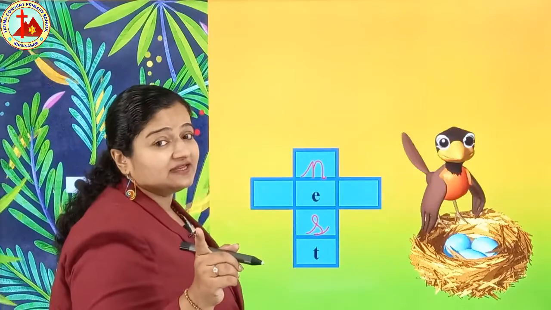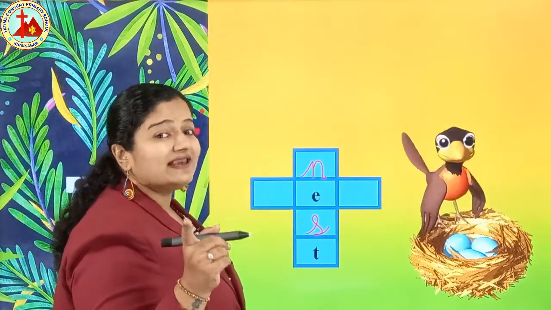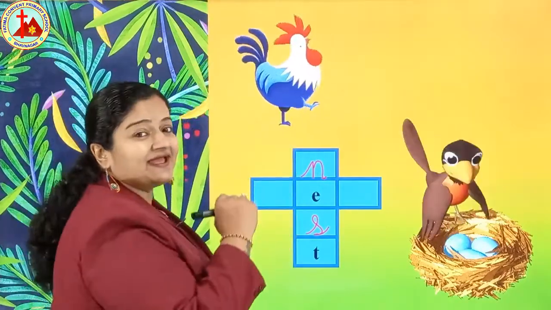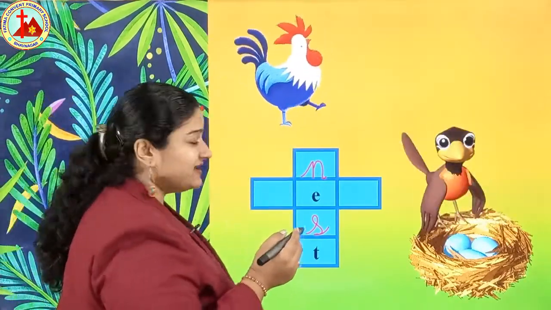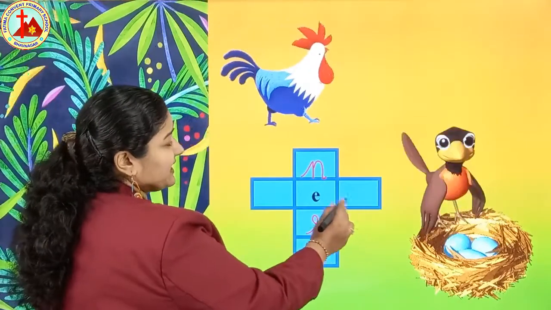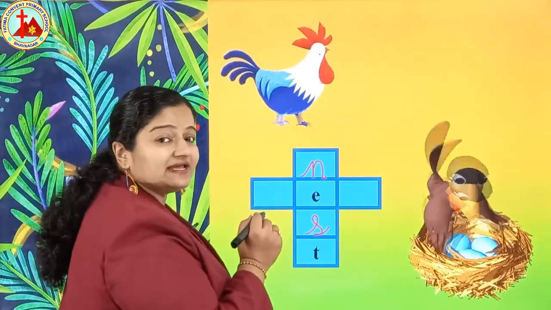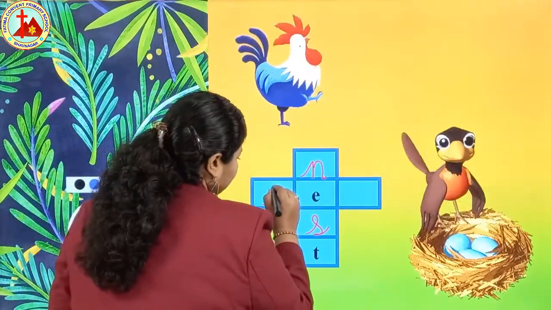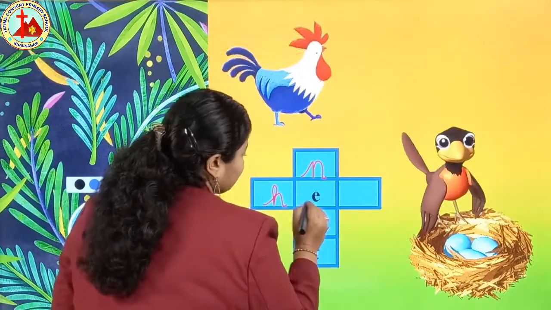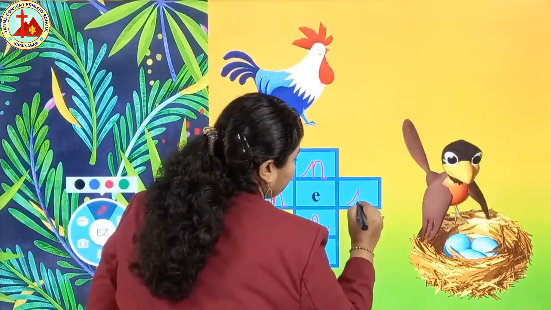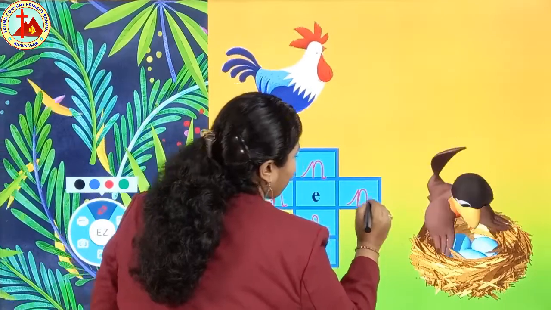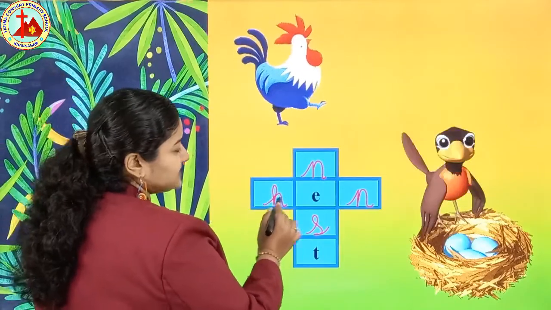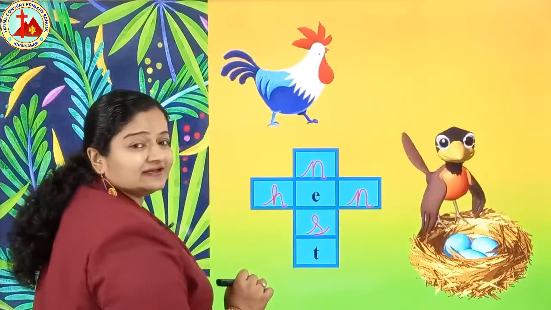You have to write in a cursive small letter. And another picture is hen. Hen gives us egg. Hen spelling is H-E-N. So, we will write H here. E is written and after E, N. So, N-E-S-T, nest, and here H-E-N, hen.